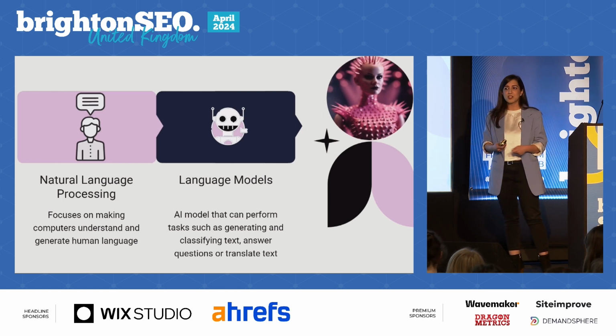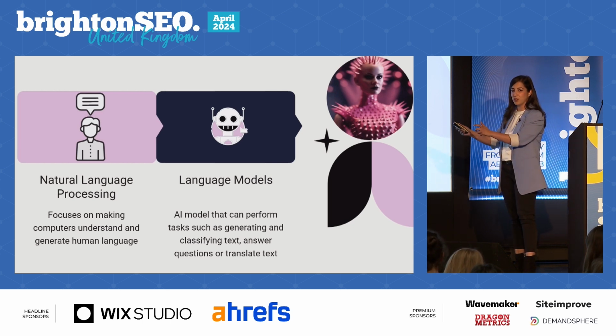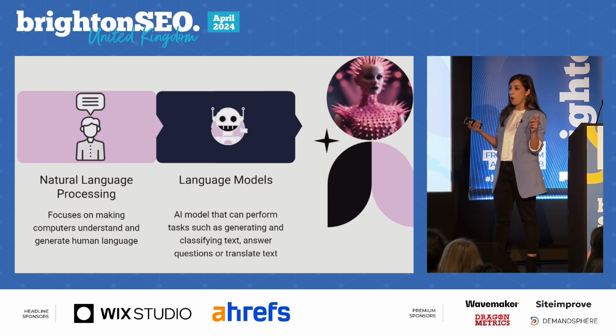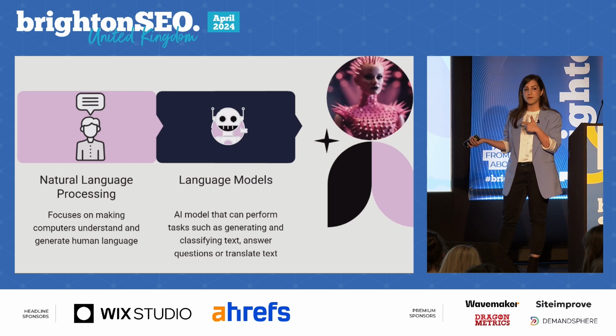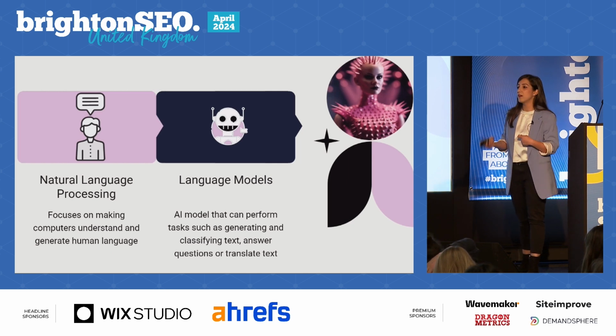It's jamming code, it's jamming novels, everything. So think of it as putting Shakespeare and Albert Einstein together to collaborate on your next blog. That's what a large language model does for you. It can generate n number of things. There are tons of applications, right? Generating and classifying text, answering questions.